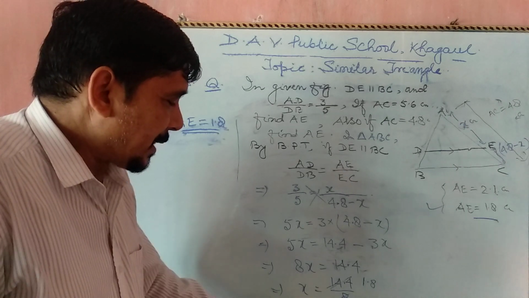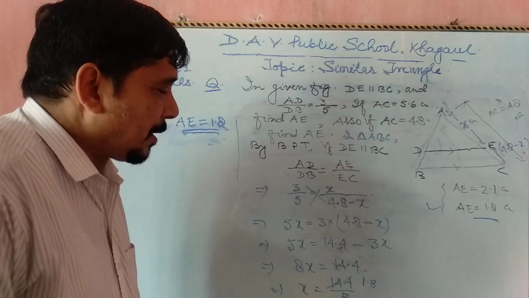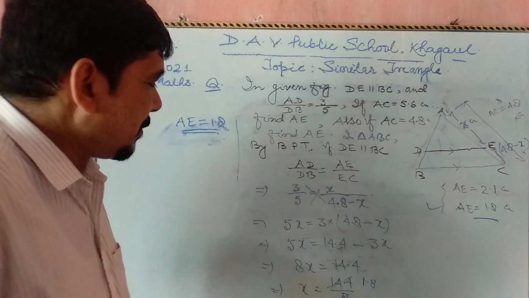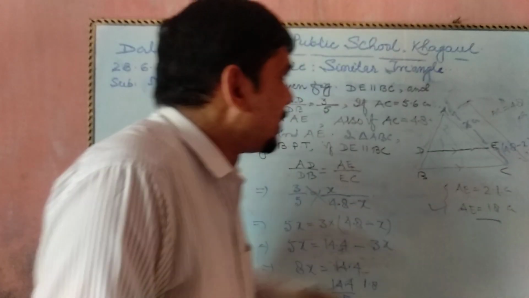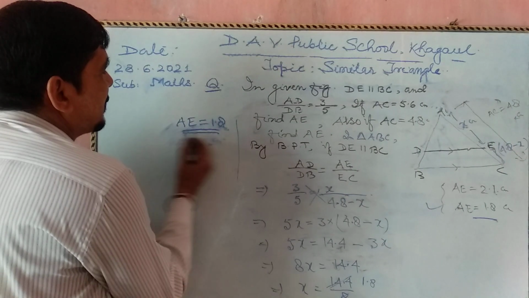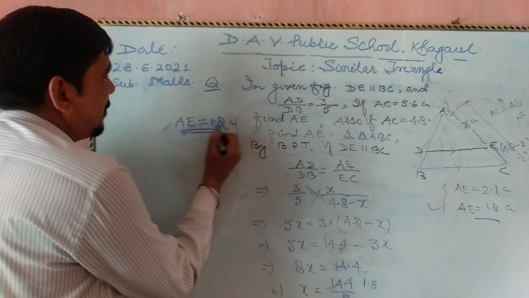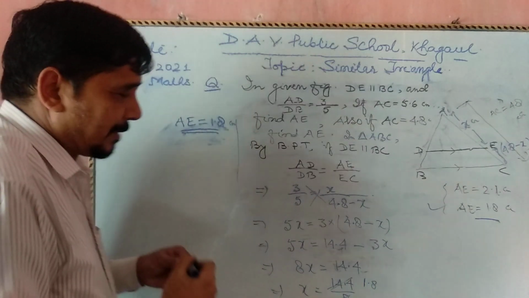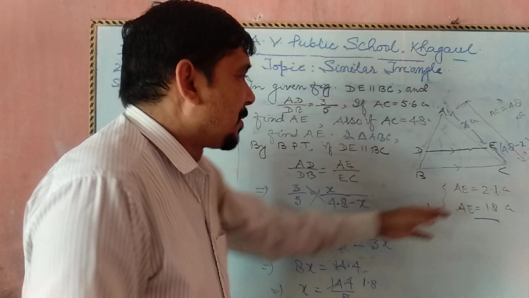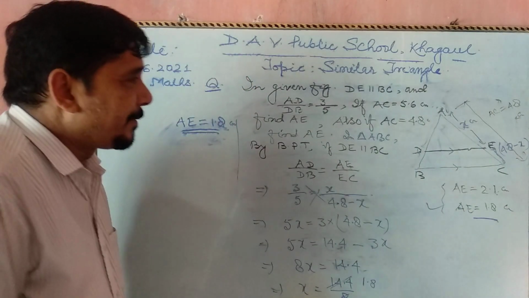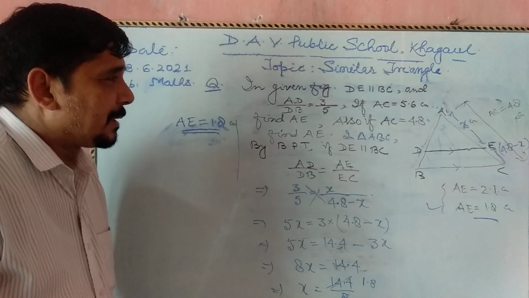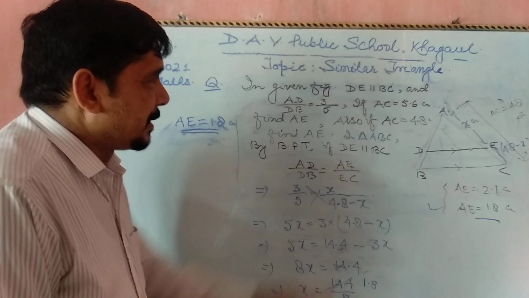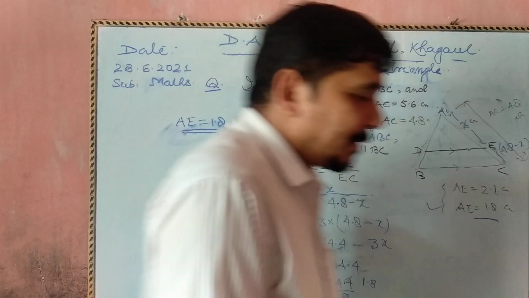Finally, we will get the value of X equal to 1.8. Now X is the length of AE. Therefore AE is equal to 1.8 centimeter when the length of AC is given as 4.8.